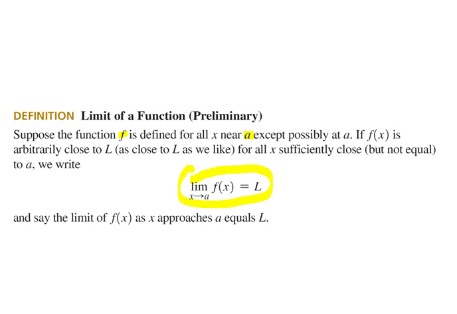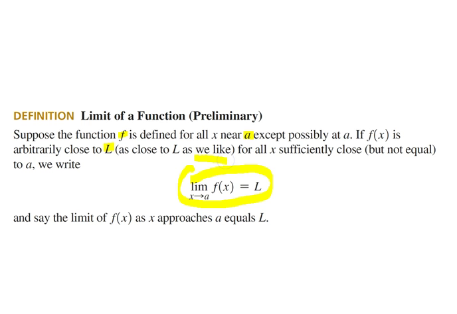All right, but then if f of x is arbitrarily close to L, so now we're talking about the y value. When we put an x value into f and it spits out a y value, it's close to some value L. Keep in mind that this L corresponds to some y value, this a corresponds to some x value, and it just has to be close to L. It doesn't have to be exactly L, and we have this little provision in here: as close to L as we like.